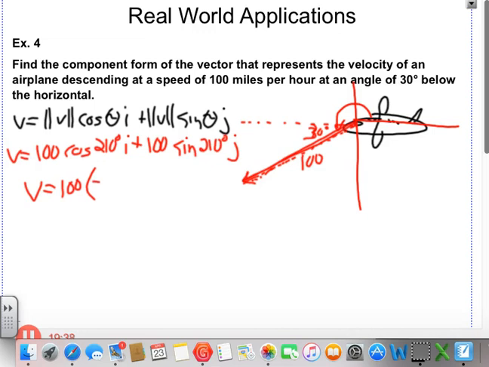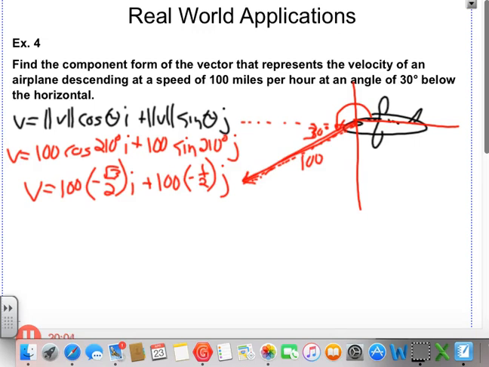So we have negative, and for 210 the reference angle is 30 degrees. So what's the cosine of 30 degrees? Cosine of 30 degrees is the square root of 3 over 2. So we've got that times i plus 100 and the sine of 210. Of course, in that quadrant sine is also negative, so it's negative 1/2 j, right? Because sine of 30 degrees is 1/2.